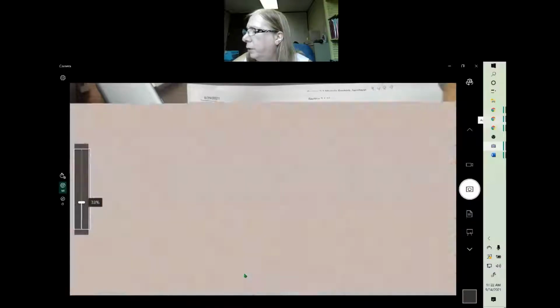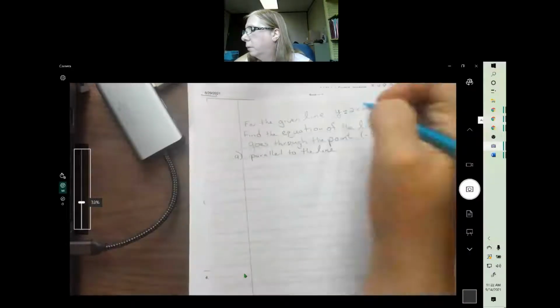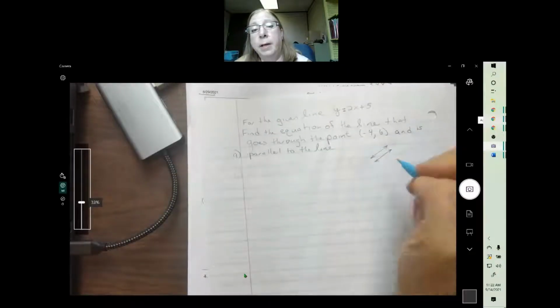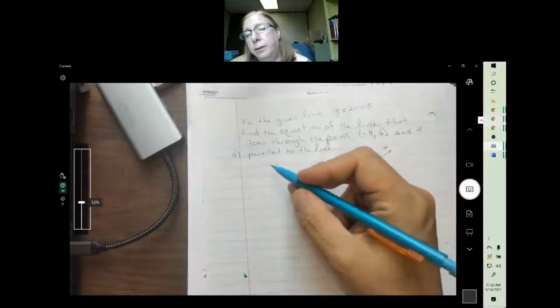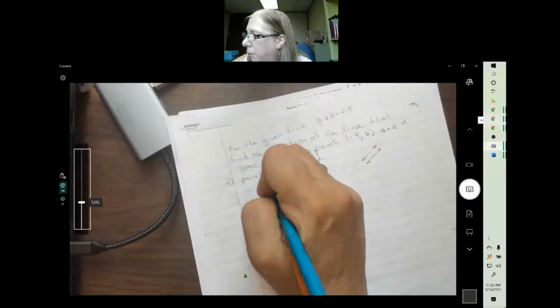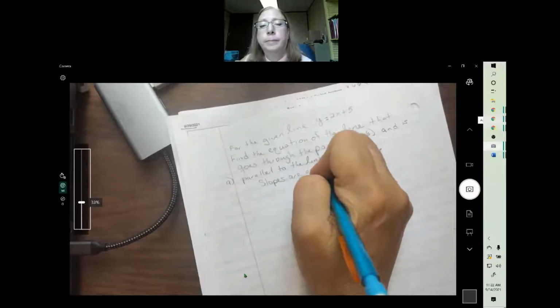Now, if you remember on Desmos when we did 2 lines and they were parallel, their slopes were the same. So if you have two lines that are parallel, the slopes are equal.